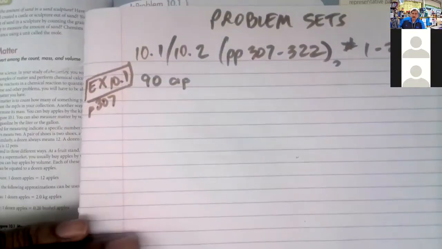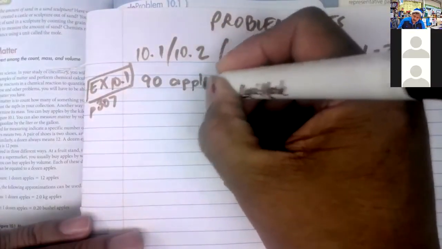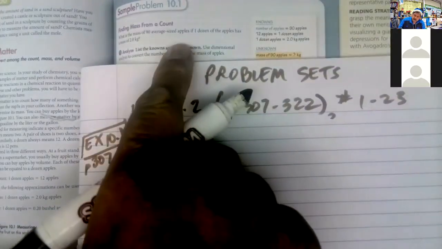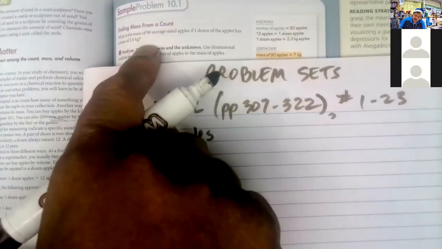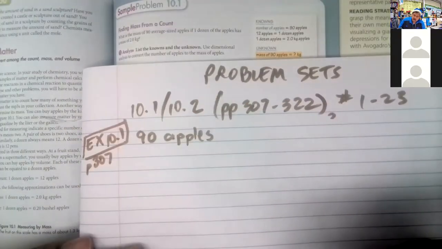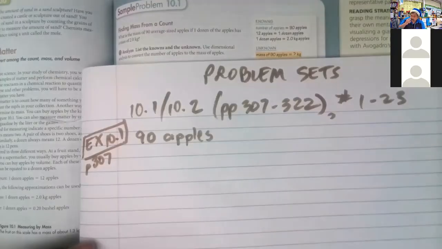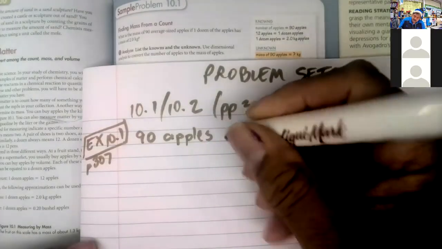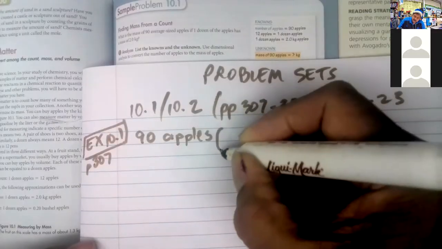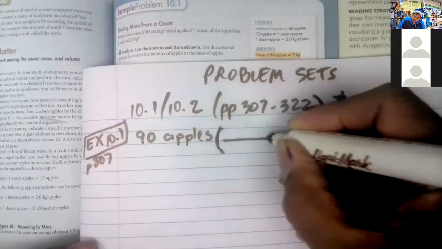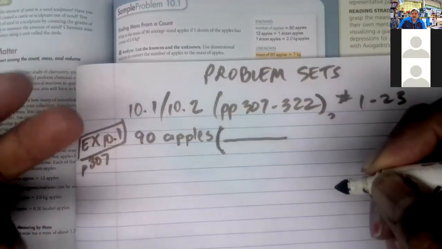Okay, so you have 90 apples, and it tells you that a dozen of the apples has a mass of 2.0 kilograms. Well, what's a dozen? A dozen is 12 apples. So when we use dimensional analysis, remember the unit you want to cancel has to be on the bottom of the conversion factor.